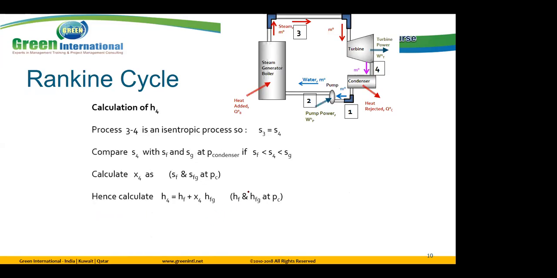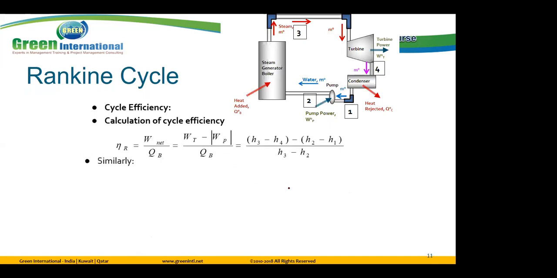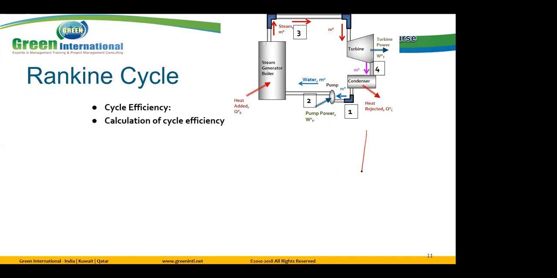This is not important for this one, just this calculation for how to calculate H4. Because if you remember the cycle, I will see the cycle first. If we change the sequence, suppose the pump we put as 2 or 1, if I start from turbine as 1, is there any problem?